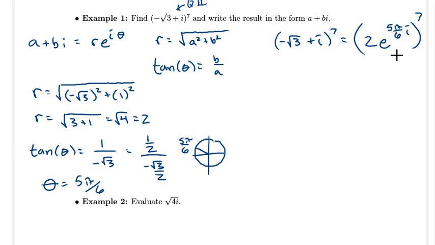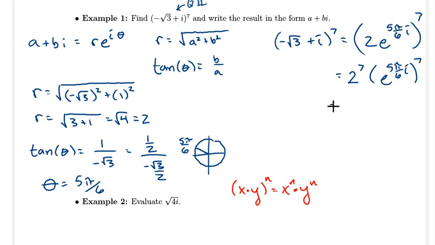But we have some nice exponent laws that we remember. If we're taking x times y to the n, the product of two things both to the n, you can take them separately to that power. So that means I'm multiplying 2 by this exponential, so I can separately say this is 2 to the 7th and e to the 5 pi over 6 i, to the 7th.